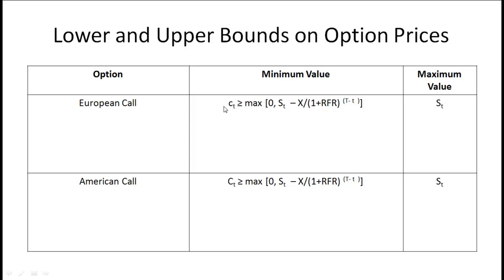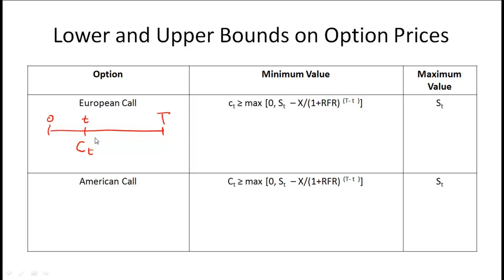To understand the terminology, let's just look at this picture. Let's say that this is our timeline. Time 0 is when the call option was issued. We are looking at time t, represented by small t, and ct, small c, small t, represents the value of the call option at time t. Big T represents the time when the option matures.